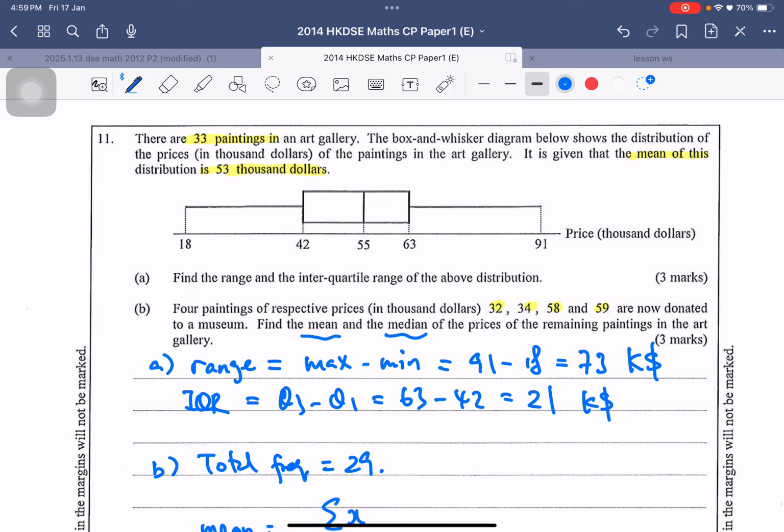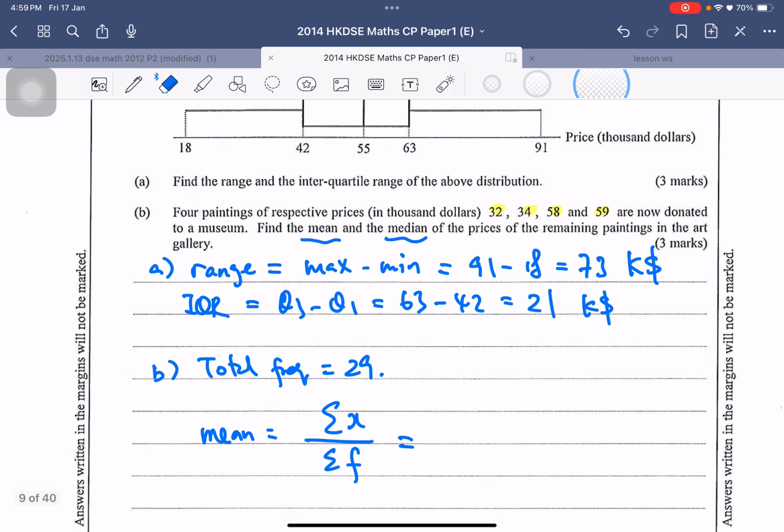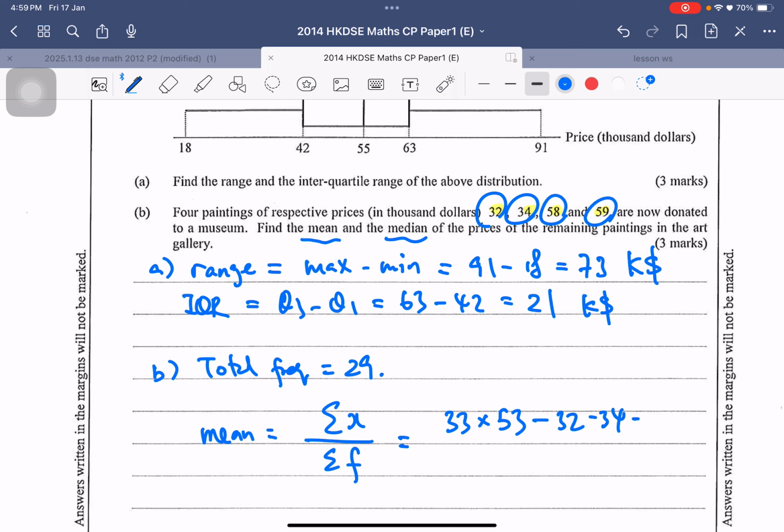There are 33 paintings, and the mean of the distribution is 53. So 33 times 53 is the original total sum, minus the 4. So it's going to be 33 times 53 minus this 4 data: minus 32, minus 34, minus 58, minus 59.